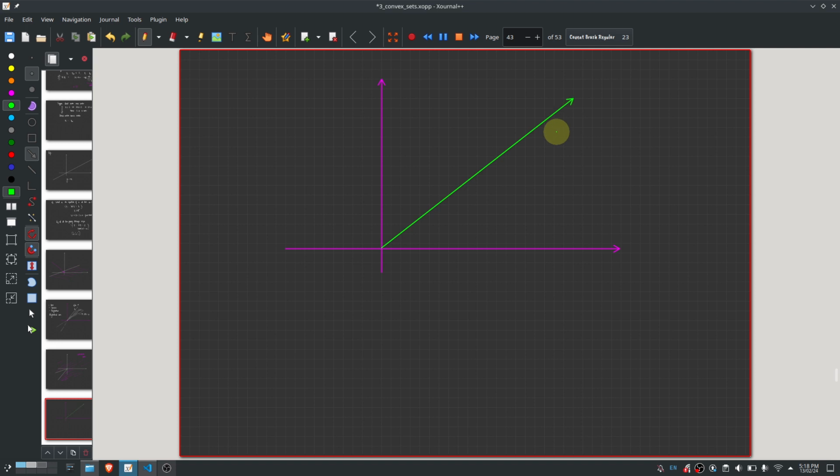Any ray shooting out of the origin is a cone. What if I take the union of two different rays? Is that a cone? It is a cone. Is it convex? No. So in general, you take any two cones, the union of those two cones will also be a cone, but it need not be a convex cone.